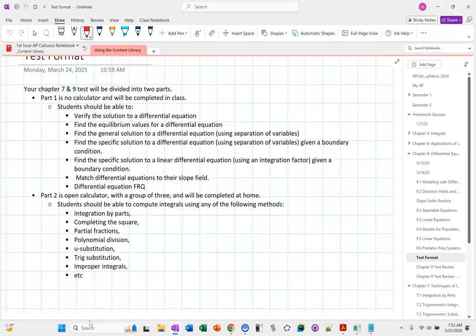Do you guys feel okay as to what's covered and what's not, Paulo? What form will you do part 1? There's no multiple choice on this one. The closest I have is matching differential equations to their slope field, so that's like a matching based question.